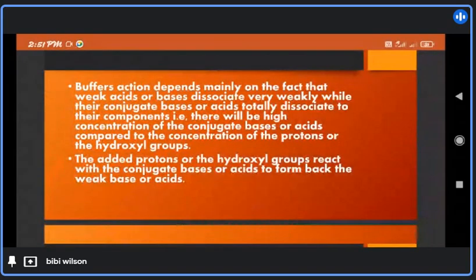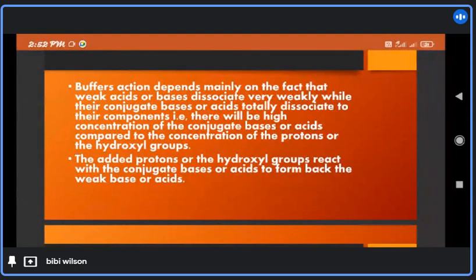A buffer's action depends mainly on the fact that weak acids or bases dissociate very weakly, while their conjugate bases or acids dissociate totally into their components. That means there will be a high concentration of the conjugate bases or acids compared to the protons or the hydroxyl groups.